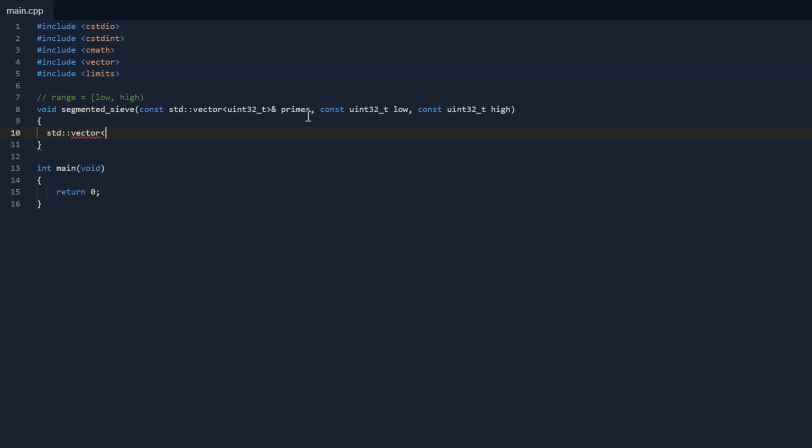Right? Then we initialize our vector. We call it segment. This would basically store the Boolean values from low to high for every number. And it'll be true if it's prime and false otherwise. So initially we assign all numbers to be prime.